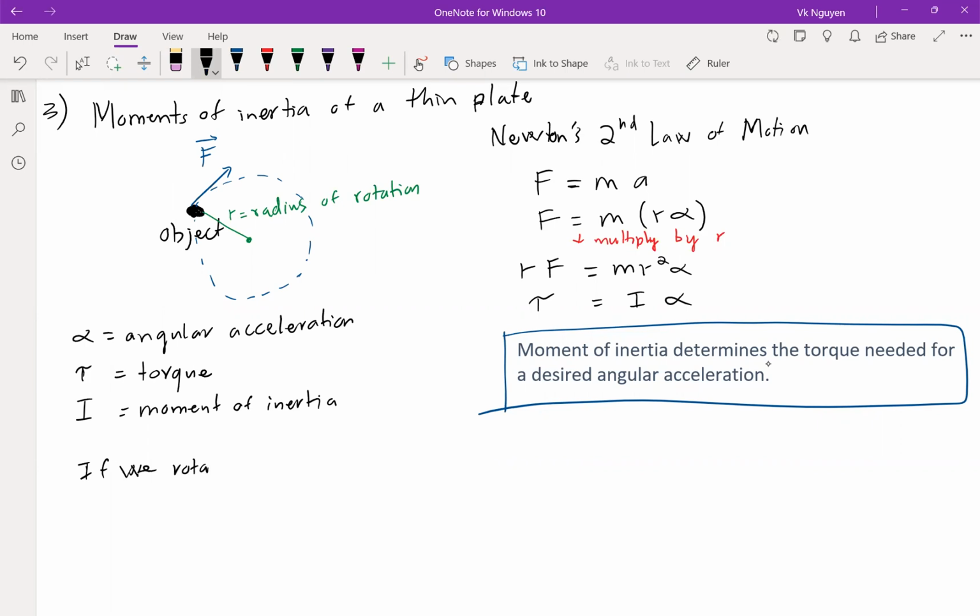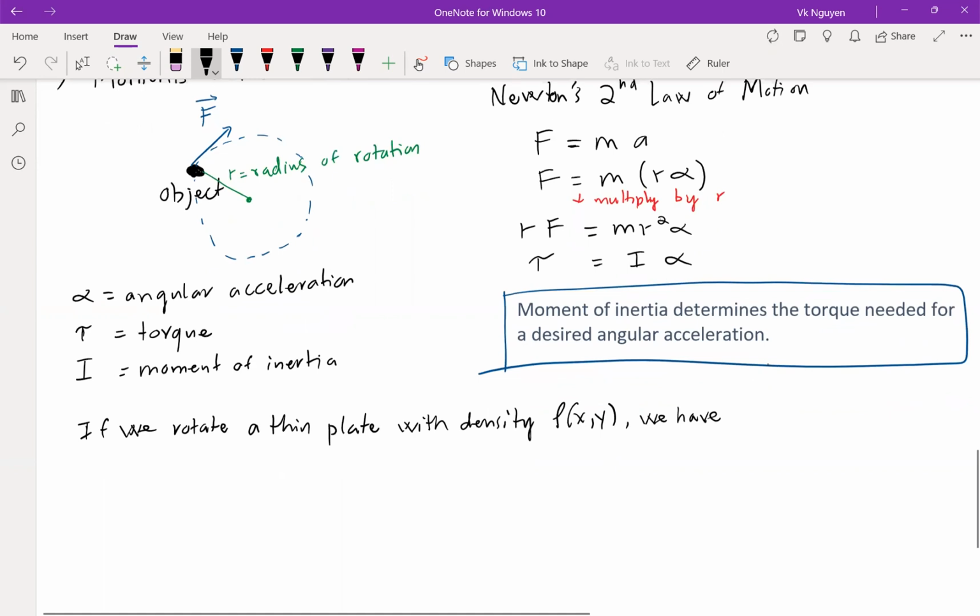If we rotate a thin plate with density rho x, y, we have the moment of inertia about the x-axis. That is Ix.